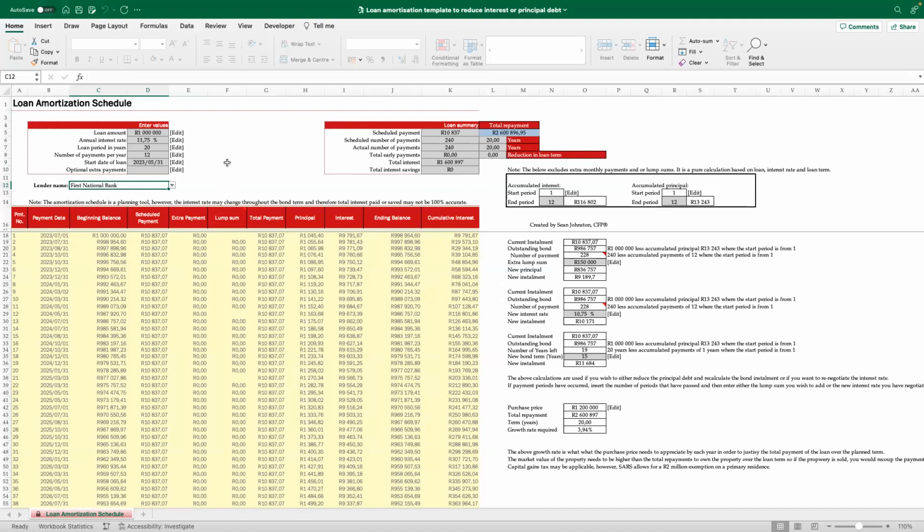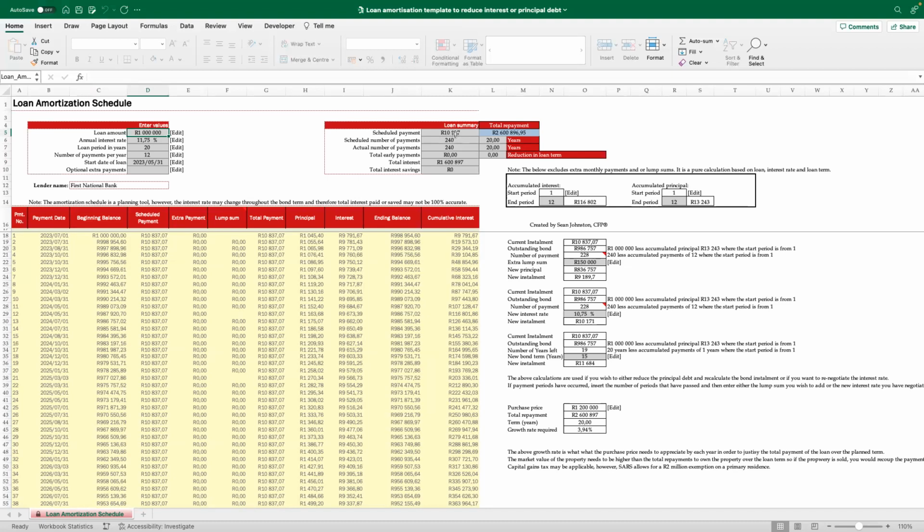So the first thing we need to look at here is, what is the monthly payment to finance R1,000,000 loan based on 11.75, 20-year term and obviously monthly payments. So this is the installment here of 10,837.